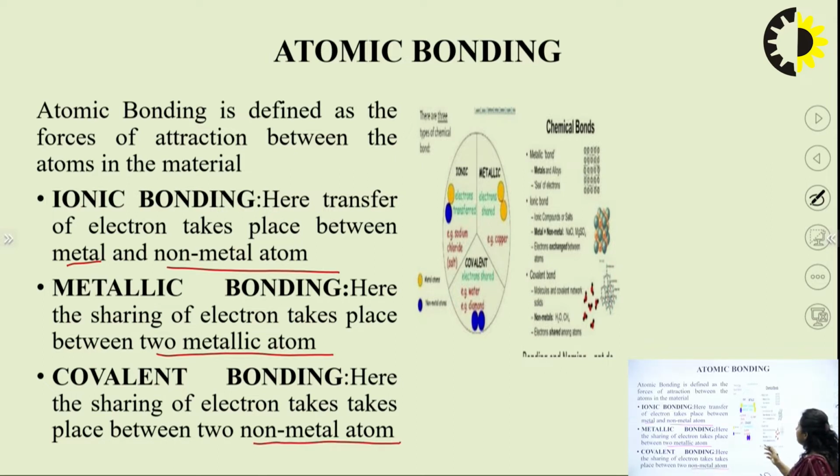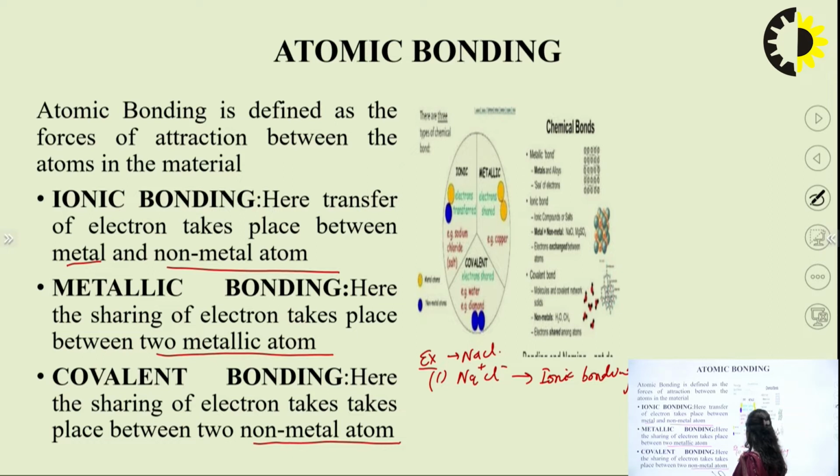So we can see from the figure here that electrons are transferred in sodium chloride. For example, NaCl. In the case of NaCl, Na plus and Cl minus, there is ionic bonding. The second one is copper, which is a metal, so between two coppers there is metallic bonding.